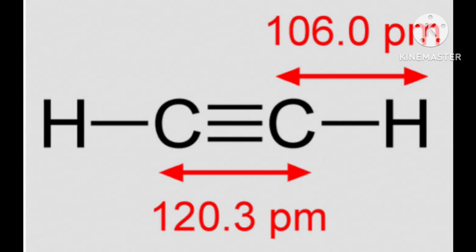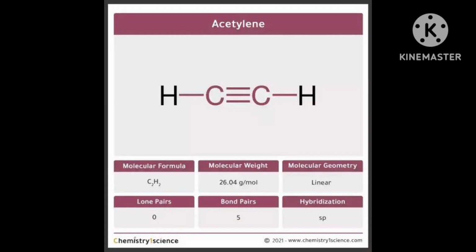The rest of the sp3 hybrid orbitals joined with the s orbital of hydrogen, and the s orbital of hydrogen with the sp3 orbital of carbon made a single bond, that is also called a sigma bond.